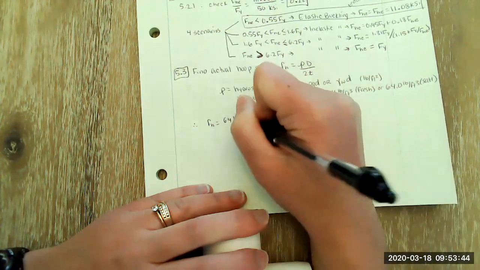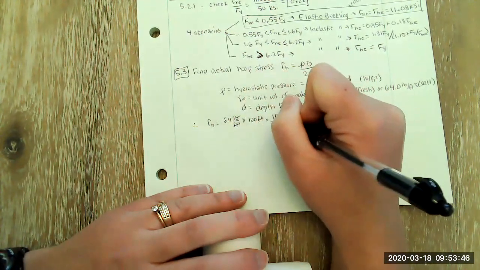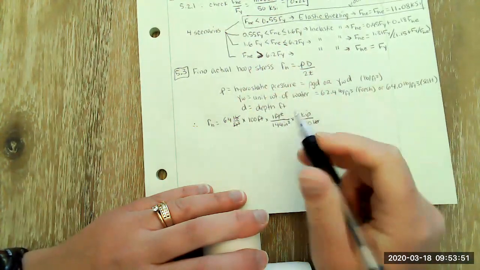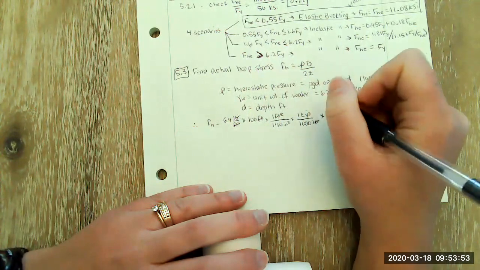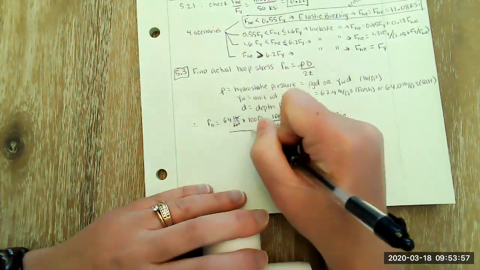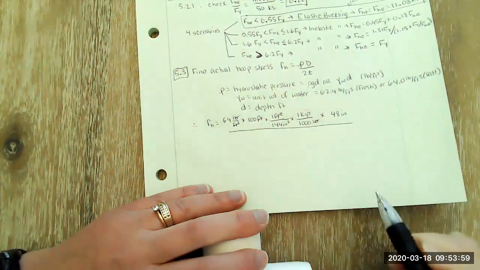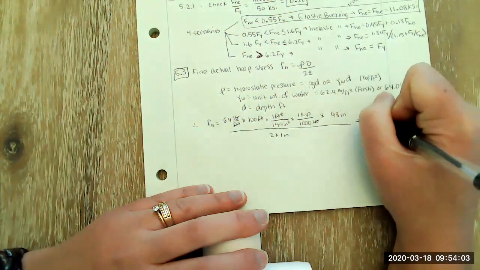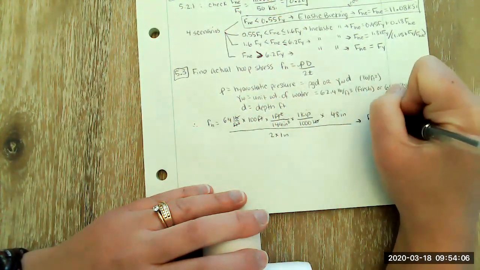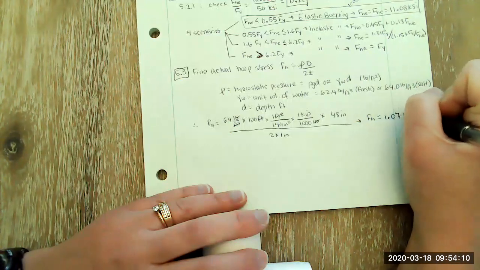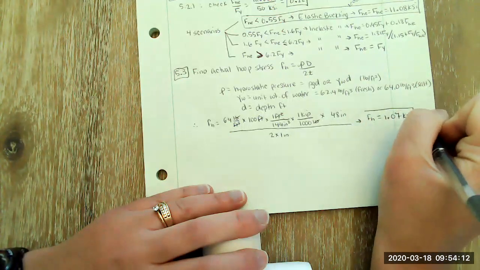I'm crossing off pounds and feet, and then I have kips per inch squared. That's my pressure, times my diameter of 48 inches, divided by 2 times 1 inch. So lowercase f sub H is equal to 1.07 kips per square inch.